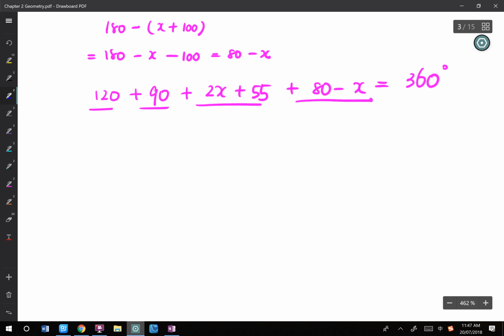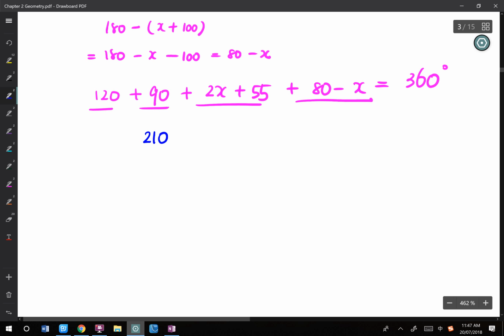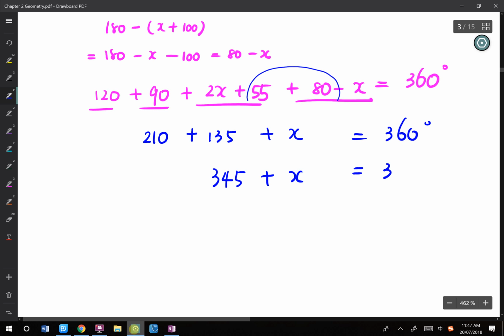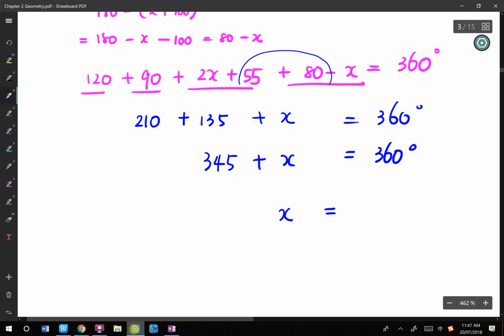So what I have here is 210 plus, adding those two together, 135 plus x, since 2x minus x is x, equals 360 degrees. 345 plus x equals 360 degrees. x is 360 minus 345, which is 15 degrees.